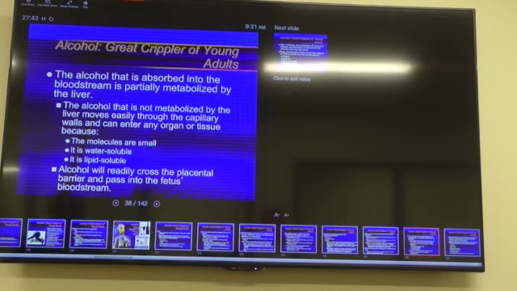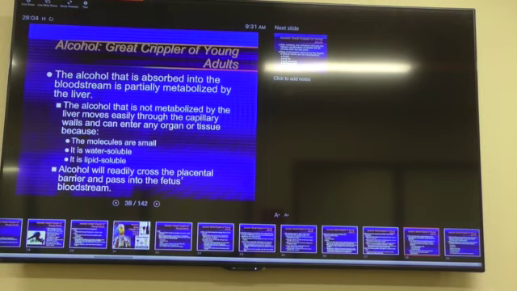And this isn't good news. Well, it's good news if you want to get drunk fast, but it's bad news if you've got a fragile organ, you've got bad kidneys, or you've got a bad heart, or you've got sensitive lungs.